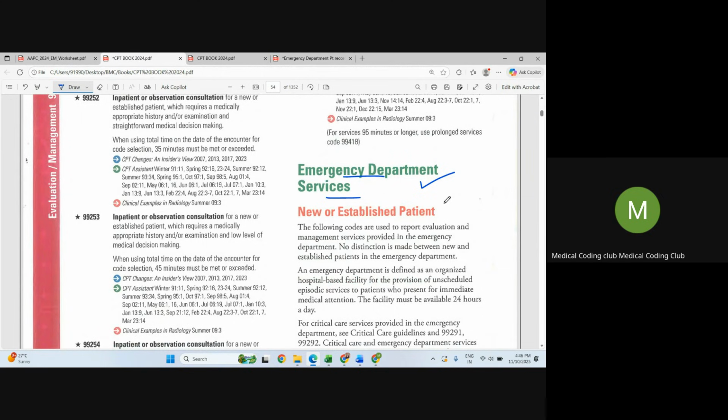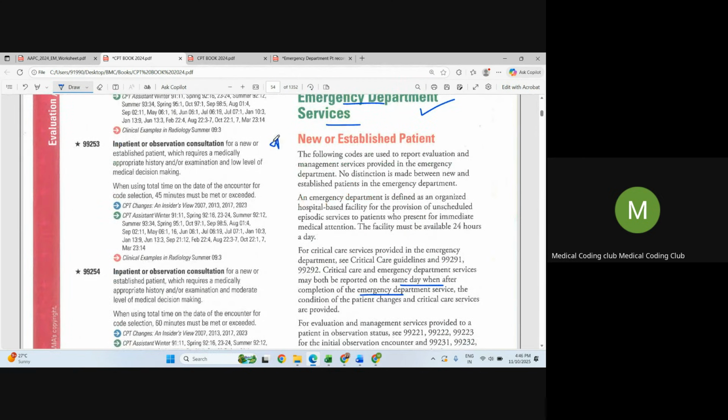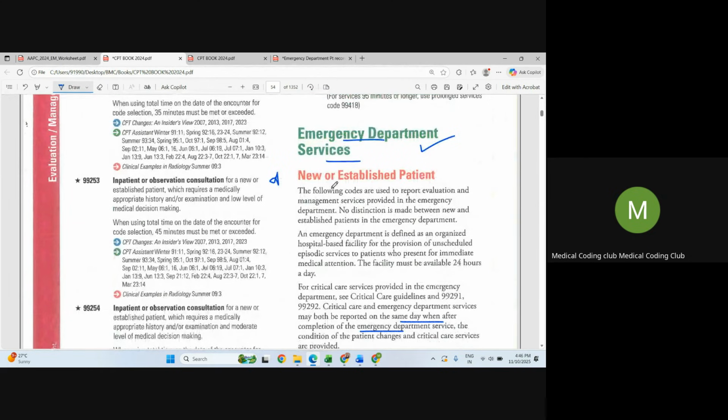So we'll understand more about ED now. So here the first coding point is you don't have to look at whether this patient is a new patient or an established patient. Okay, for ED visits, there is no distinction between new or established patients. Okay, this is one coding point.